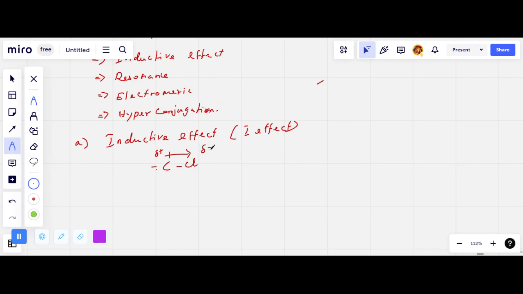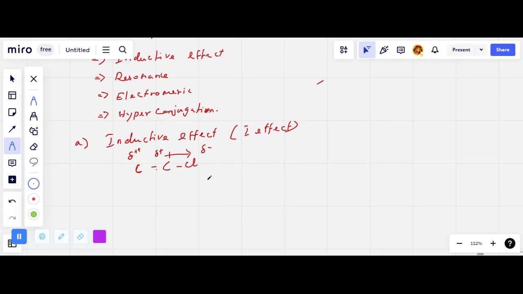We have to give delta plus and delta minus. So the carbon bonded directly to the chlorine loses its electron density and attains partial positive charge. Suppose this carbon is combined with another carbon, then this carbon again gets electron density pulled from it, so it attains delta double plus. Similarly it will continue.